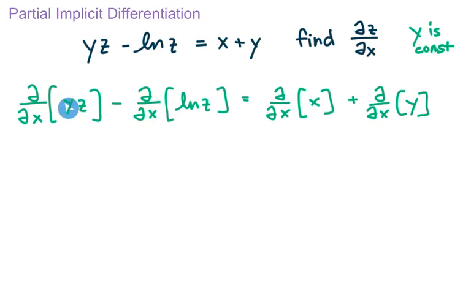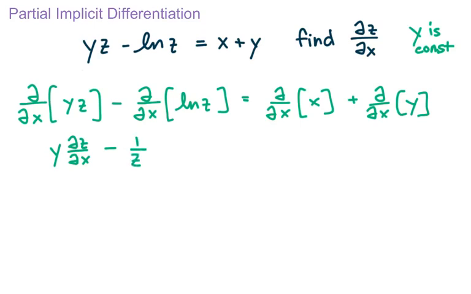So if this was a constant like 3z and I took the derivative, I would just get that coefficient 3. So here I'm going to get the coefficient y. However, I took the derivative of z with respect to x. So let's do that again. If I'm differentiating ln z, the derivative of natural log z is 1 over z.